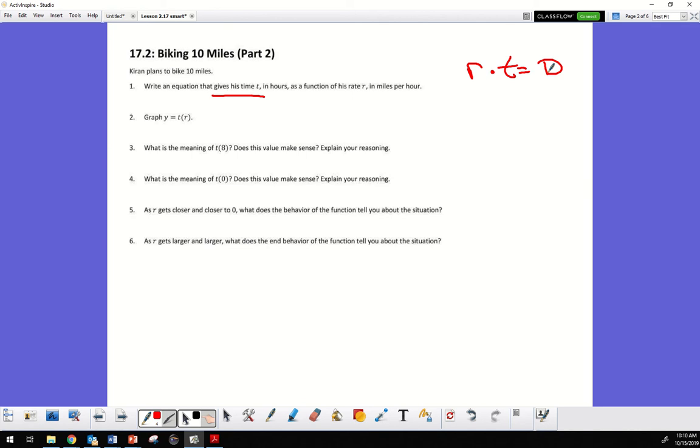What would I do to manipulate this to get t equals? I want t by itself, right? So I need to get rid of r. To do that, I divide by r. That's going to give me t is equal to distance over rate. And that's what we started with at the very beginning.